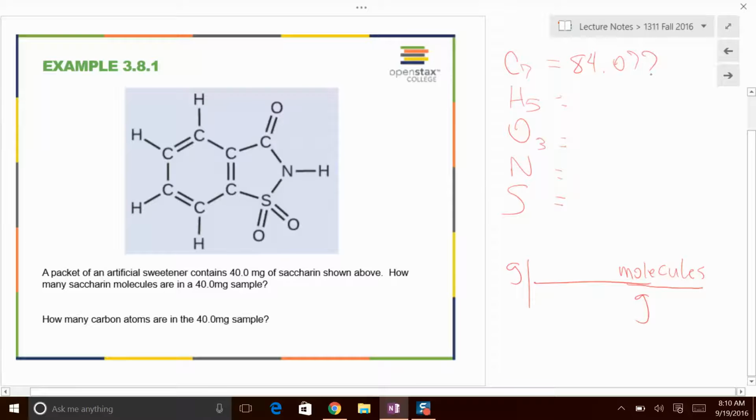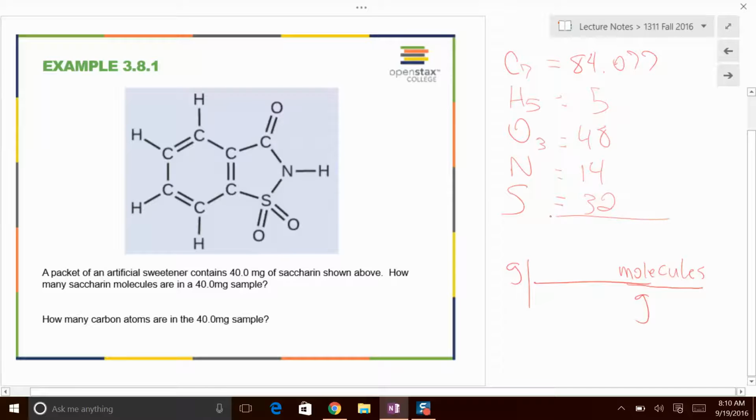I guess we'll just say hydrogen is 5. Then 16 times 3 for oxygen, 48. And then nitrogen is 14, and sulfur is 32.